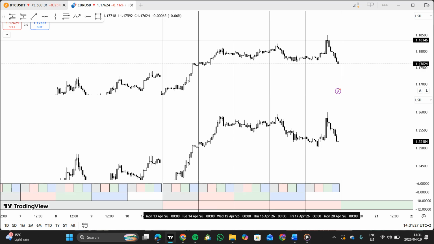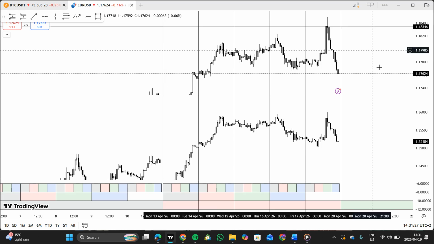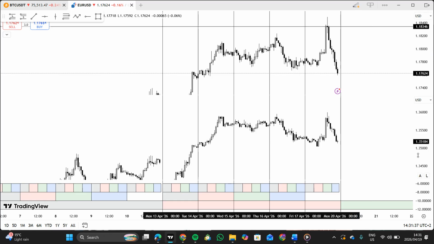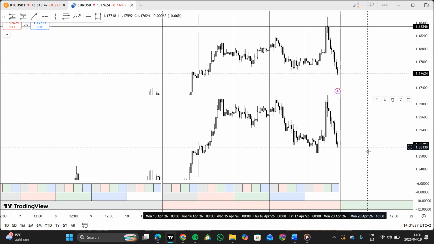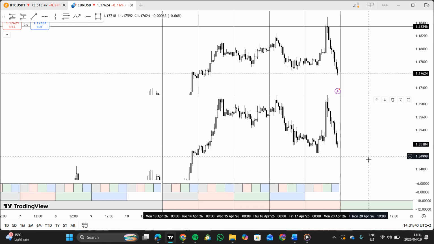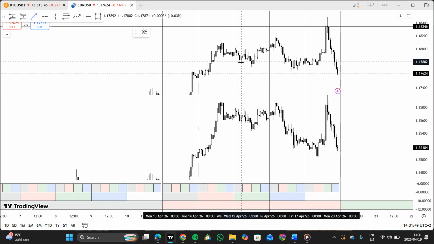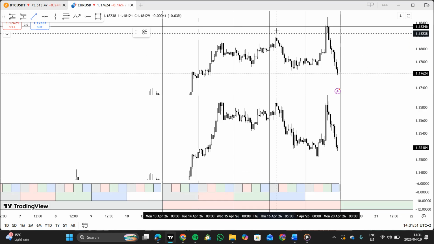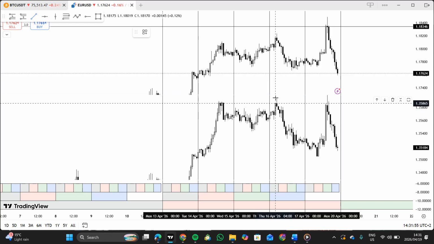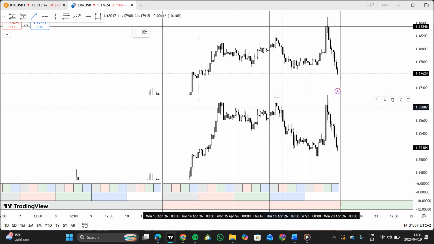Now, can we just take a look at Friday? Can you see this aggressive move to the downside? Why did it happen? We went ahead, and can you see on both pairs we took out the high?